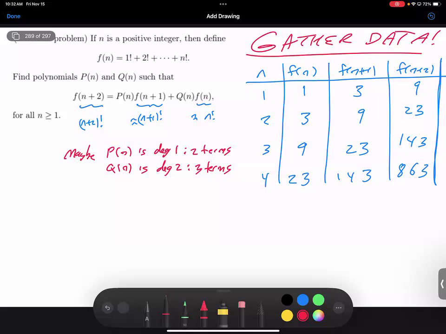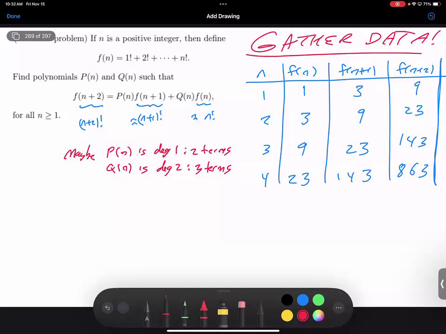We might have some luck with maybe the higher order terms. Yeah, it's possible that maybe they all don't have the same degree. Maybe the Qn is lower. Maybe the Pn gets the main term to agree, and then the Qn fixes things. So this is just trying to get a feel for what the answer is before I do too much work.